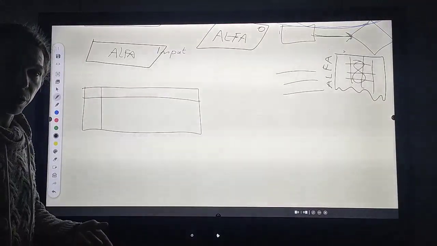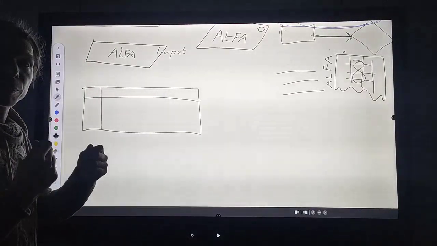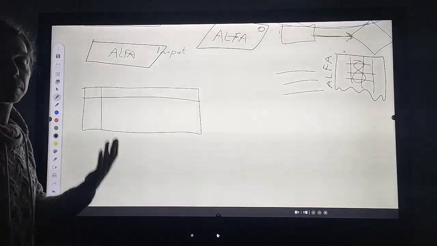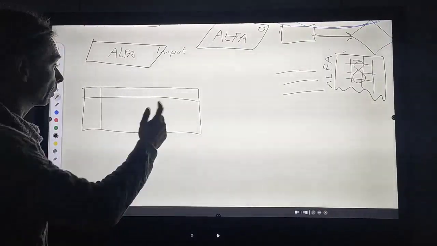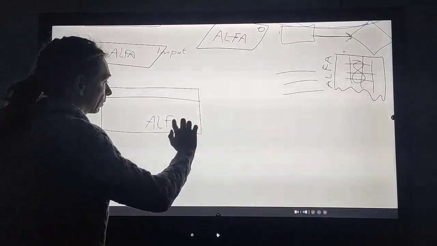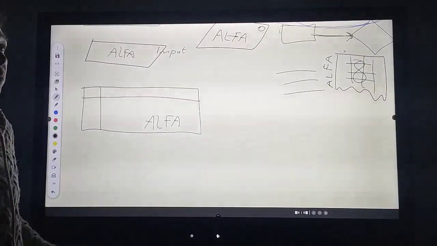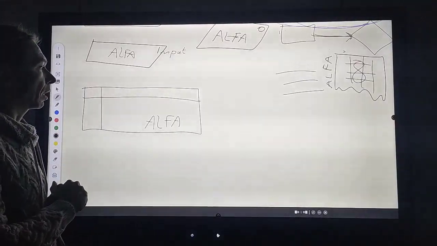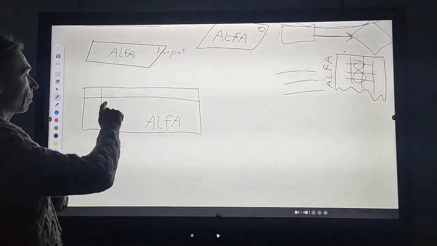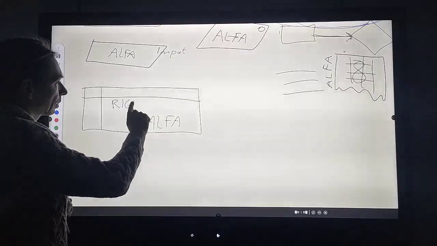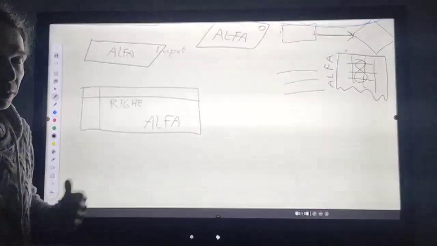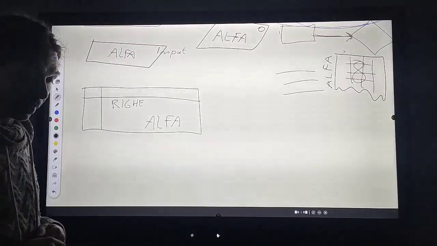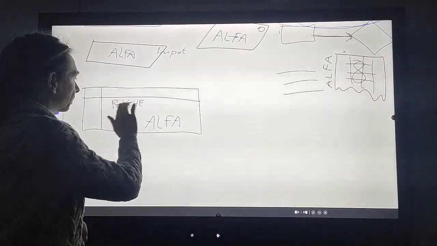I am telling the droid, pick a piece of paper and name it, for example, alpha. But not any kind of paper. I will tell him if it is a raw paper, in Italian righe, or a square paper. So, square.